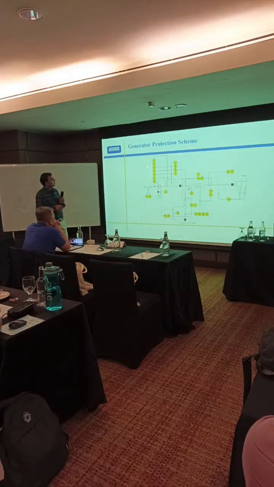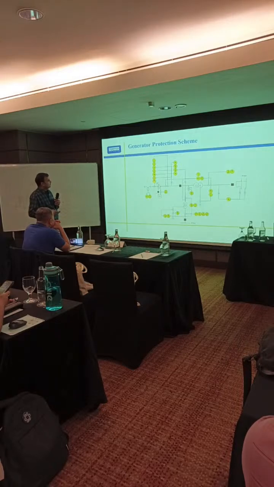This is a typical generator protection. You can see there are 25 to 30 different protections in the generators. We are here discussing only the differential protection, so we are not going into all protections in detail.